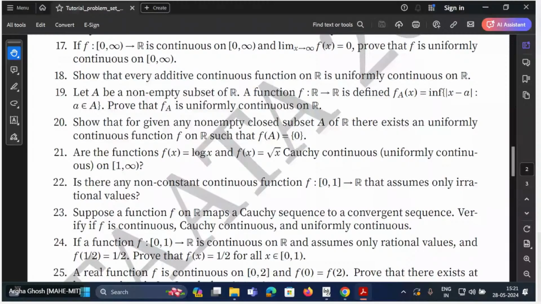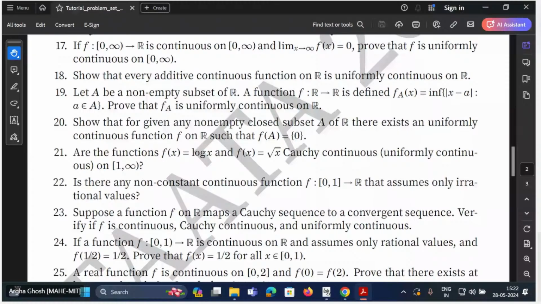So whatever non-empty closed set is given to you, you need to find a function f such that f of a is equal to 0. Actually, you need to find a function f whose zero set, that means the collection of all x where the function vanishes, is the same as the set A.